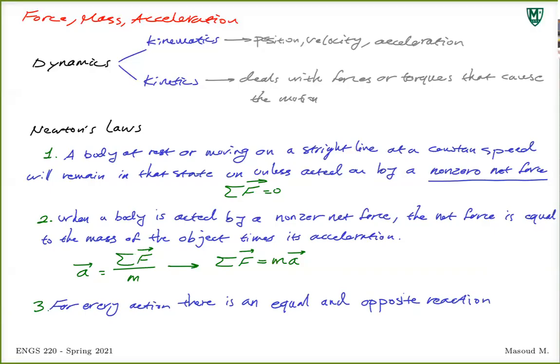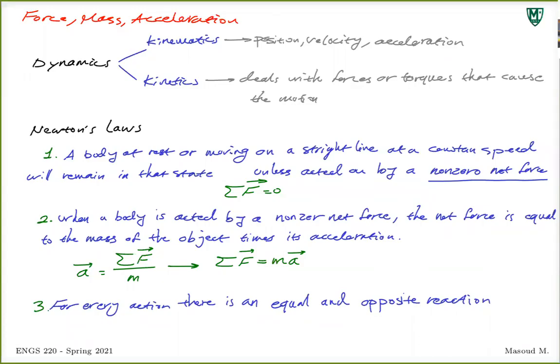But the rigid body, basically, relatively, when we deal with it, I just saw your comment, Connor. Yeah, it should be unless. Unless acted on by a non-zero net force.